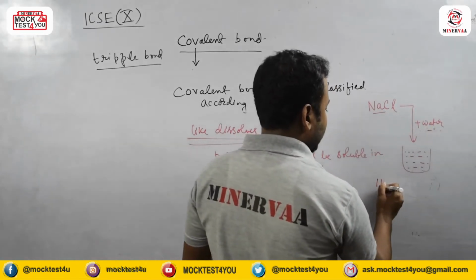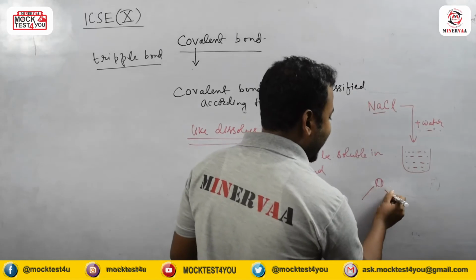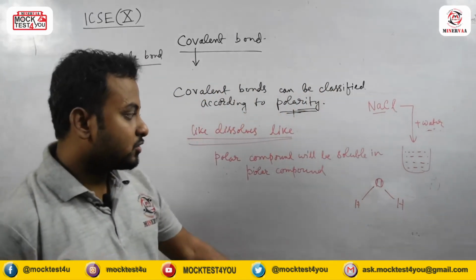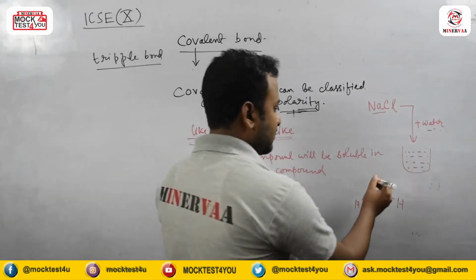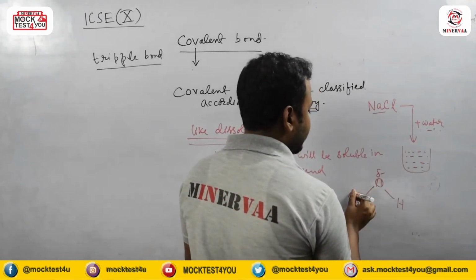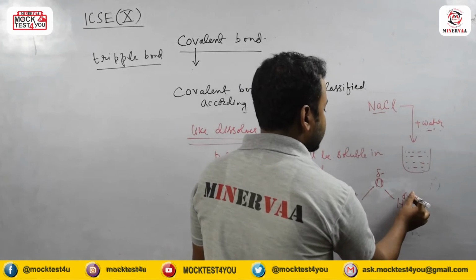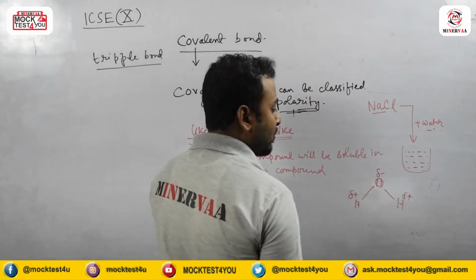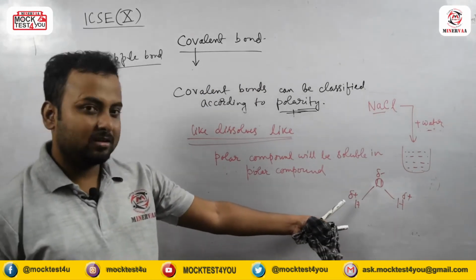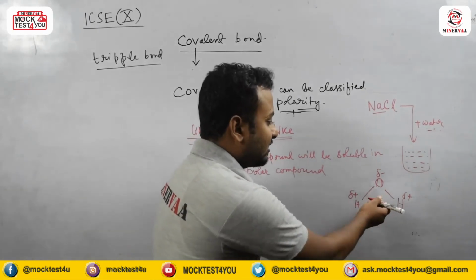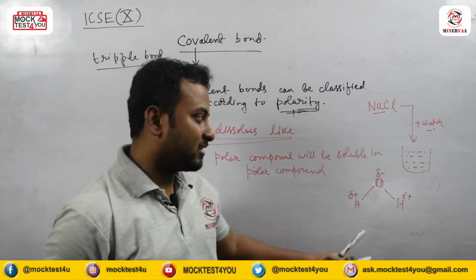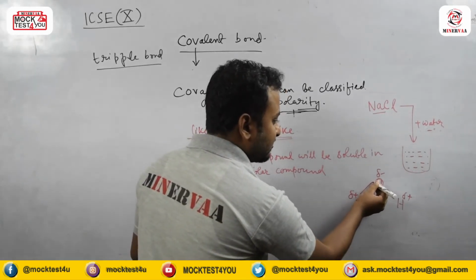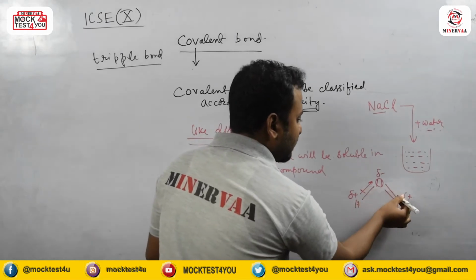Because water, we have already seen the structure of water like this. Okay, so it is also a polar compound. Delta negative, positive, positive. Okay, so it will have a dipole moment. Why are the dipole moments not cancelling each other? Because they are not opposite. They are in the same direction. They are not opposing each other.